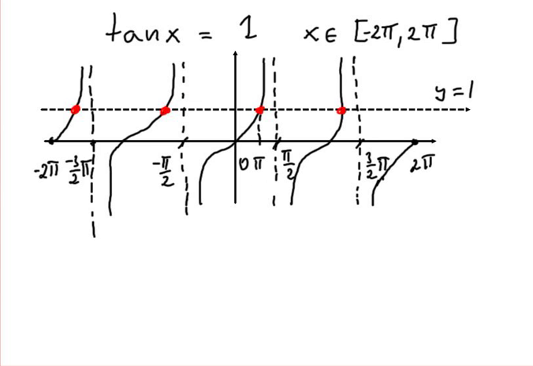And again, sine x over cosine x is equal to tan x. So when I have an identical value for sine and cosine, then the ratio for tangent would be 1. And this takes place when x is equal to pi over 4.